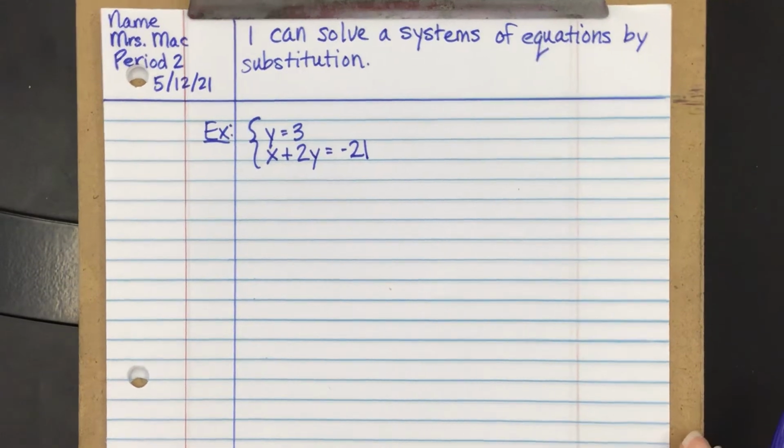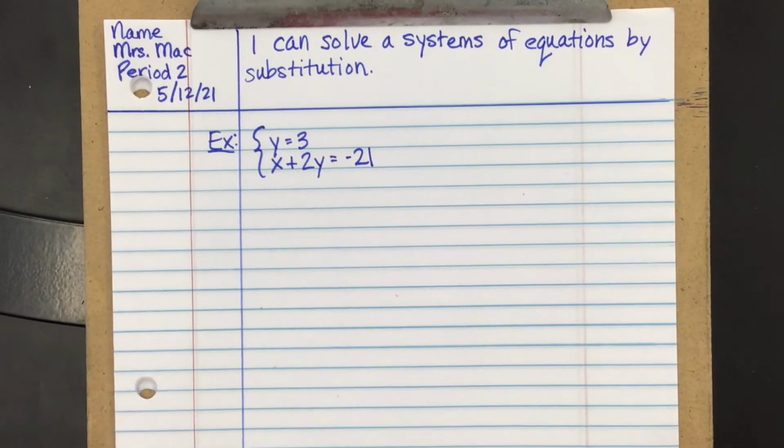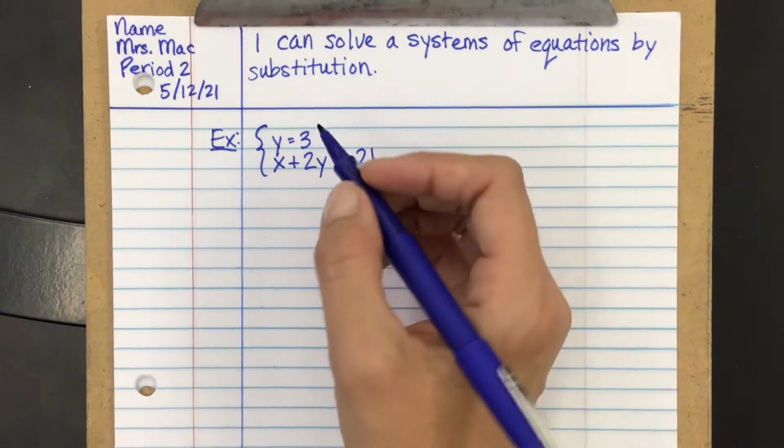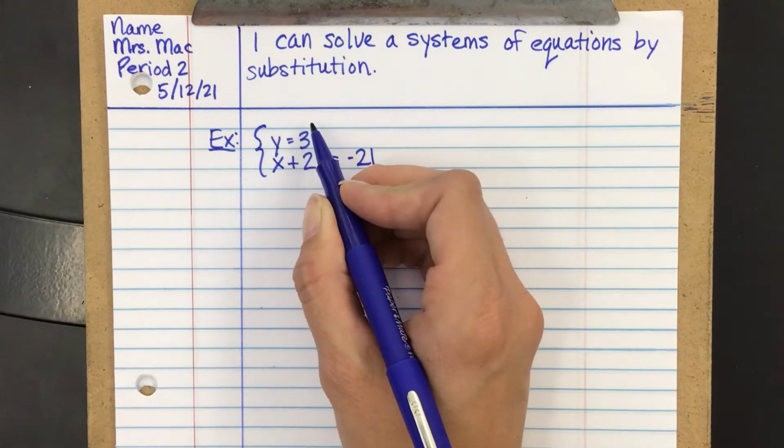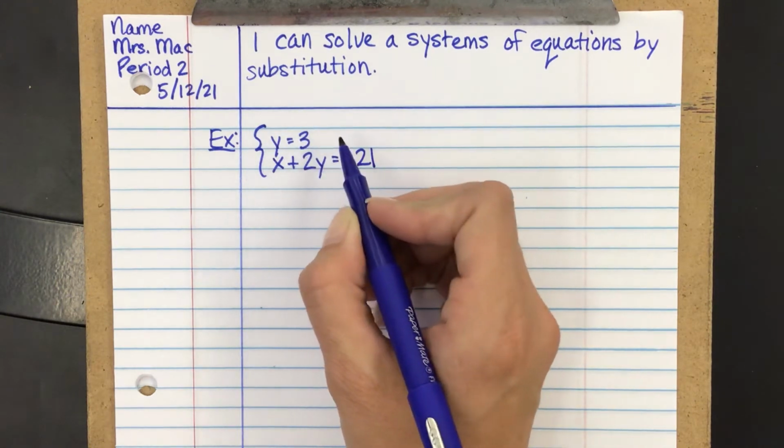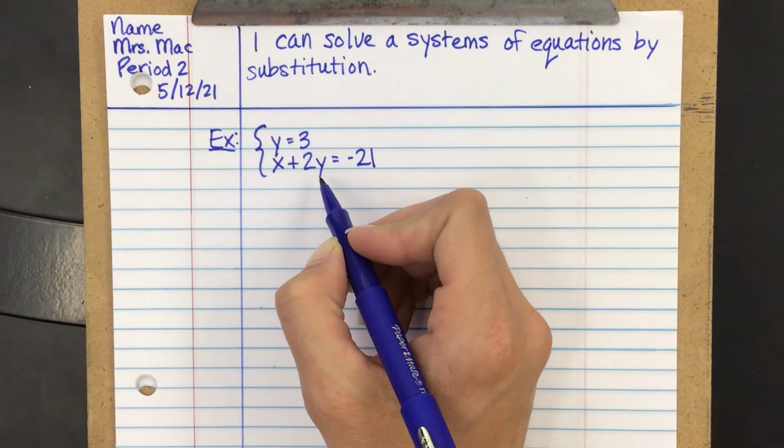When you're solving with the equal values method, both equations were already solved for y, so you just set them equal to each other. This is very similar, but instead of having both equations solved for a variable, you only have one. But since we know that the value of y is 3, we can take that value and plug it in for y.